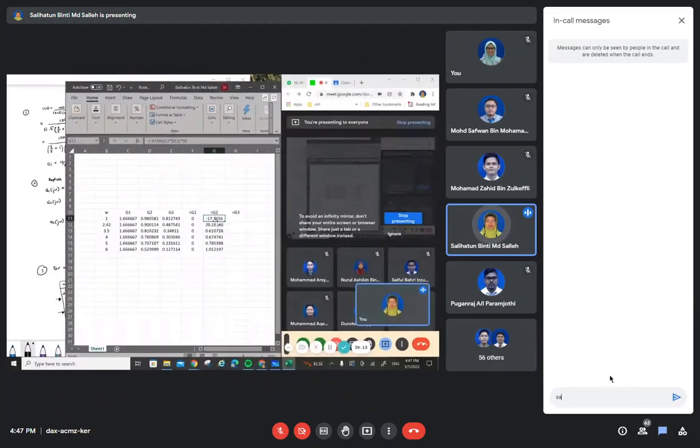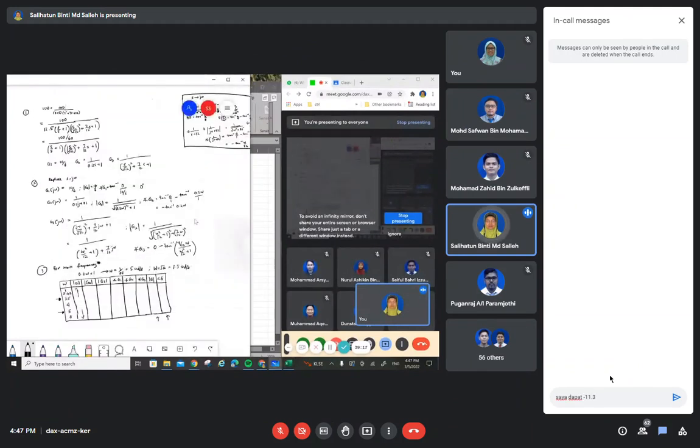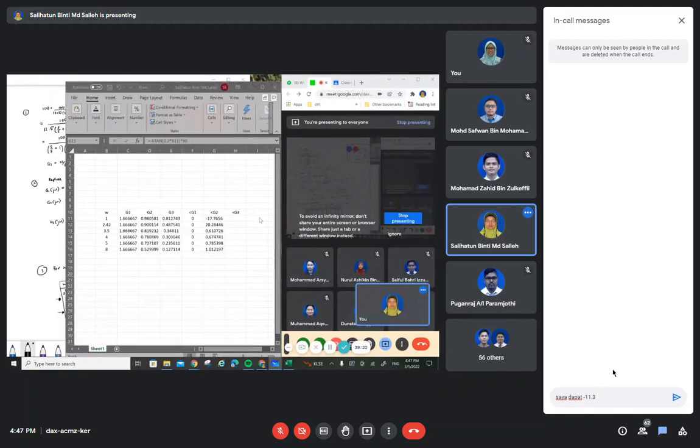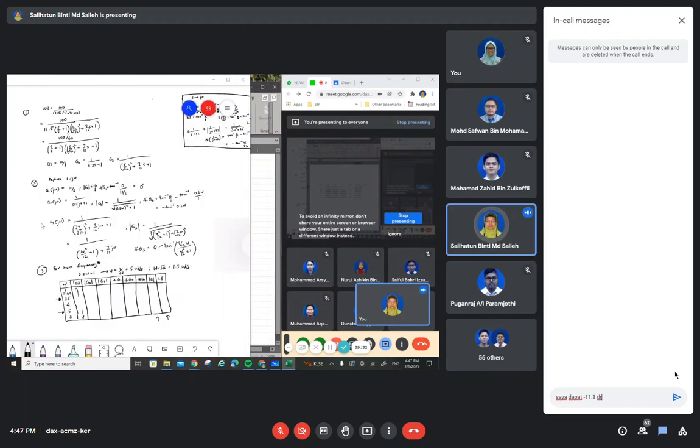What is the value written for G2? G2 is negative arctangent 0.2. Is it correct using your calculator? Arctangent 0.2.